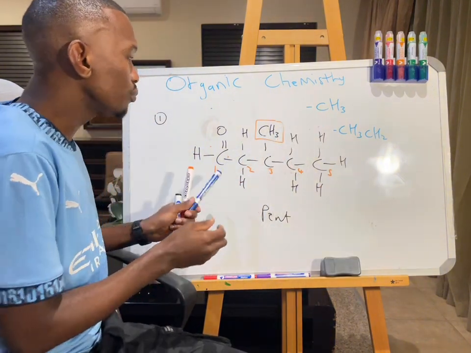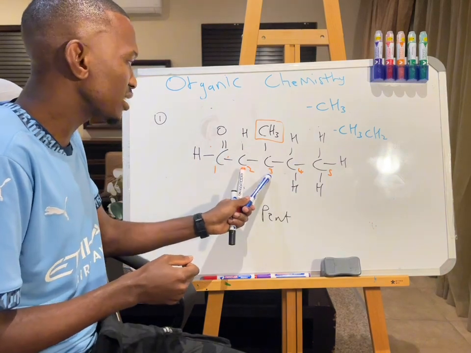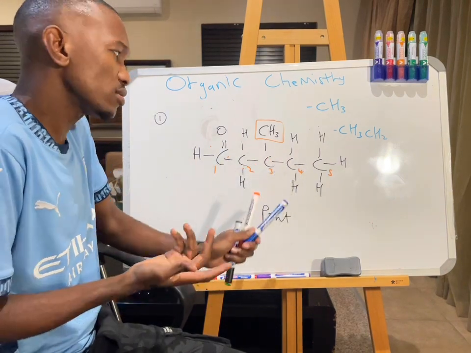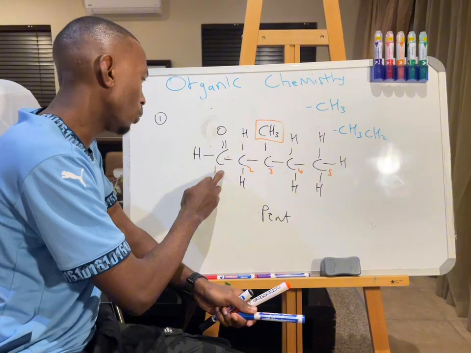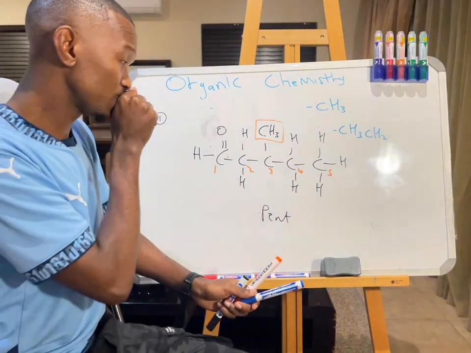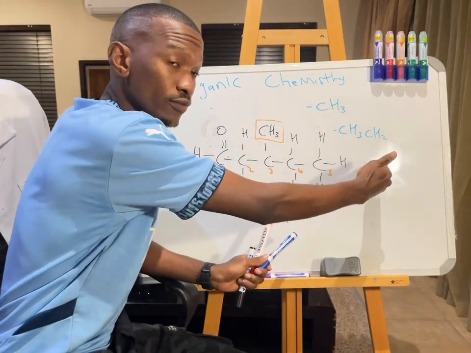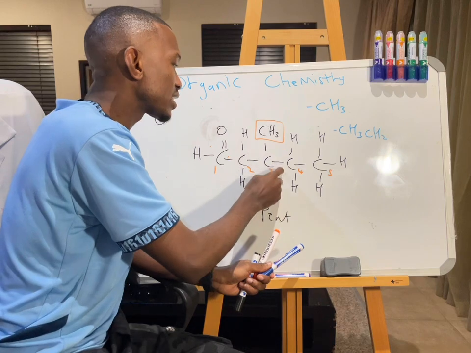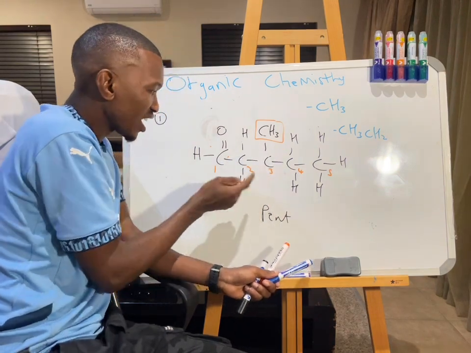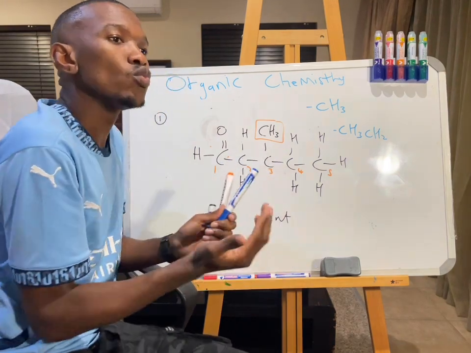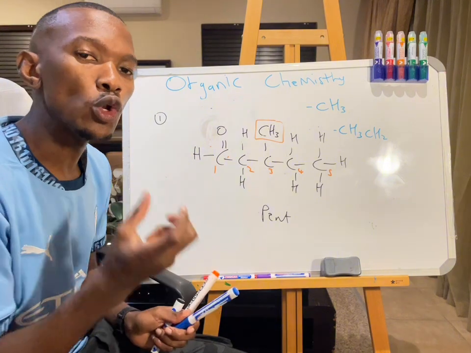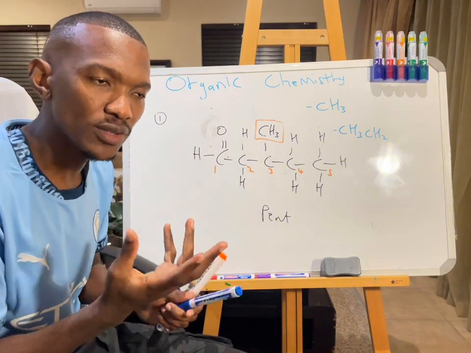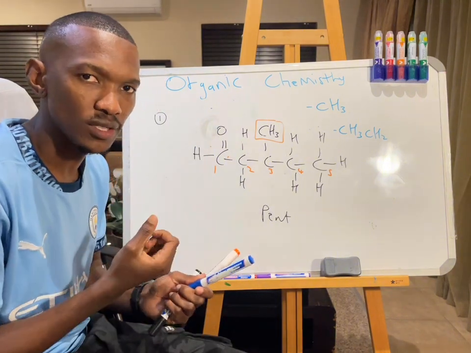He's a methyl. On position what? 1, 2, 3. Someone can say, what about counting from the other side? Still the same way, 1, 2, 3. If counting from here, he was on number 4. When I count from here, he's on number 3. Which one should I take? The lowest one. Between 3 and 4, which one is the lowest? 3. So I will take the lowest one.